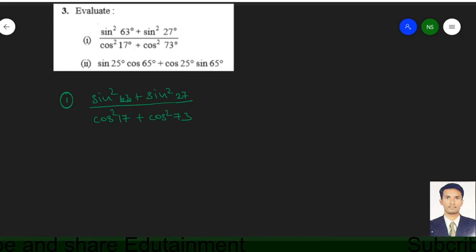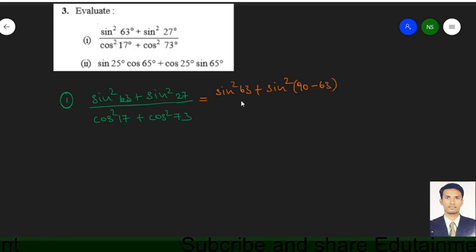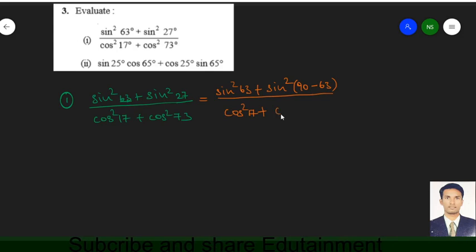So we can do it like this. Sine square 63 plus, this thing I will change a little bit, sine square of 90 minus 63, I can write, divided by cos square 17 plus cos square, I'm changing here, 90 minus 17.